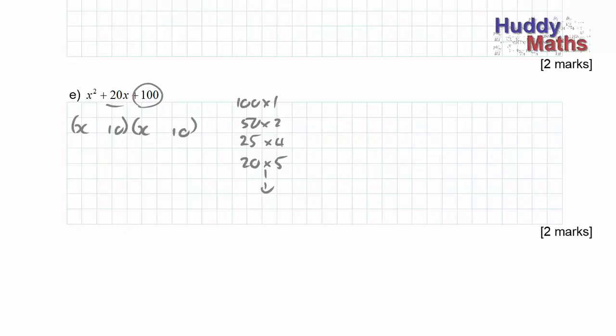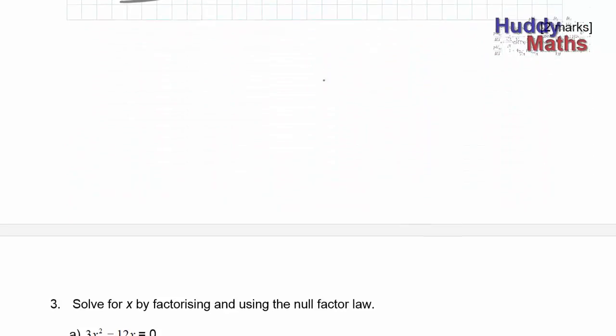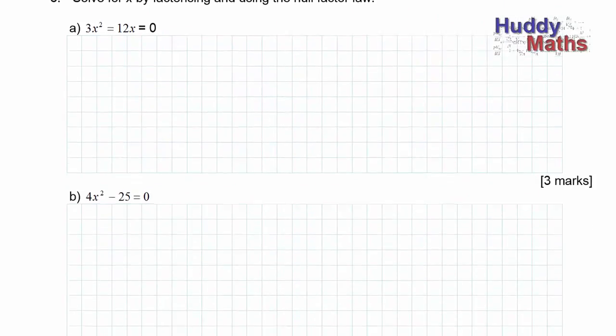But we'll hit it here at 10, so this is going to be positive and positive, but it gives you 100. And 10x and 10x gives you 20x. So again, 1 for each bracket. And how you're going, I hope you're getting a few marks there. Clearly in this one, you might have just gone straight to, if you were smart enough to see it, a perfect square. Alright, let's keep going now and have a look at question 3.